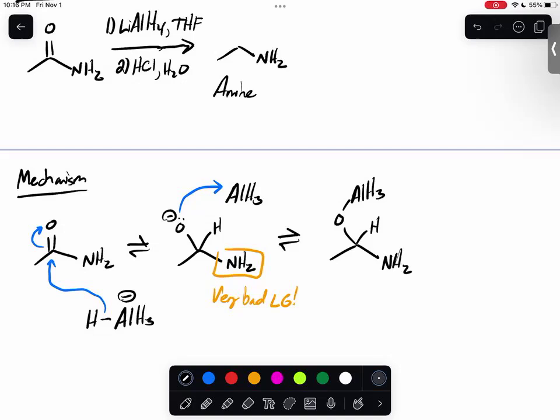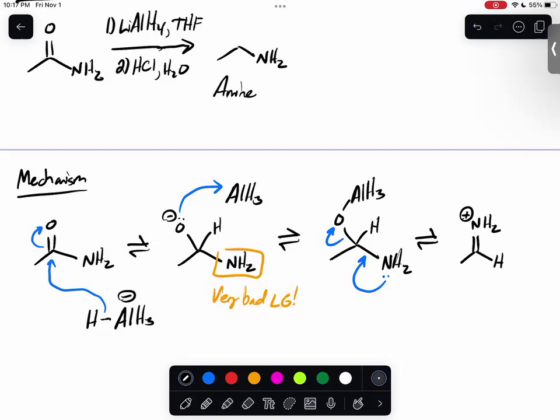Well, it's a better leaving group than the nitrogen. So if it's a better leaving group than the nitrogen, then it's going to be the one that actually leaves. So the nitrogen in this case is going to be the one that forms that double bond to fulfill the octet that would be missing if the oxygen left on its own. And this is what generates this intermediate right here with the positive charge on the nitrogen.